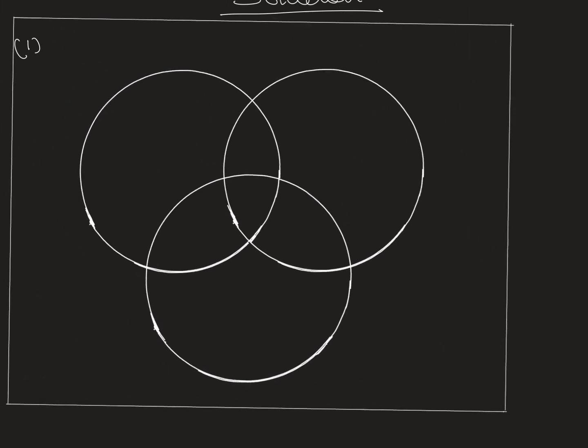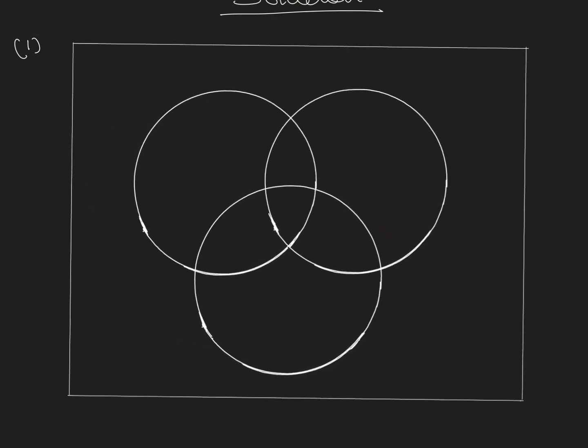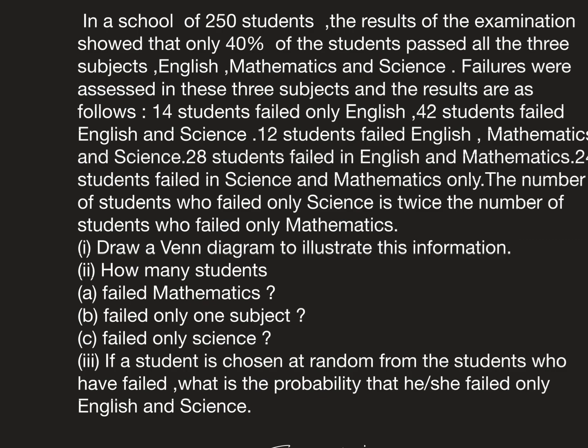For the first question, we are instructed to draw the Venn diagram. For a three-set problem, this is our Venn diagram. We are dealing with three subjects: English, mathematics, and science. Okay? So let's try to fill in the information.